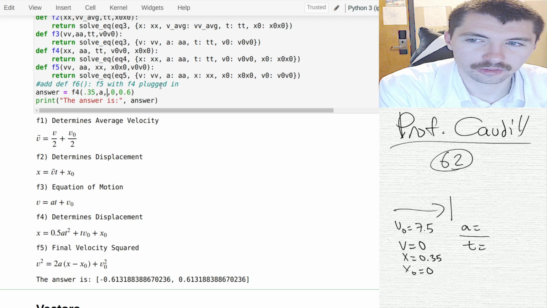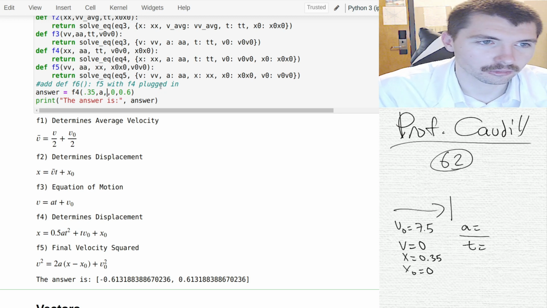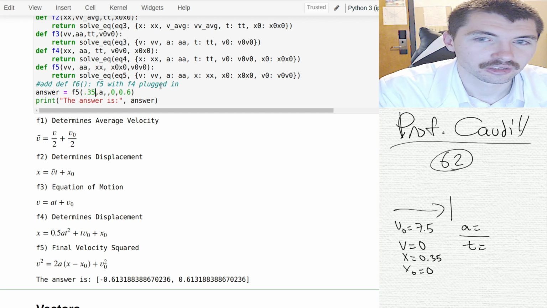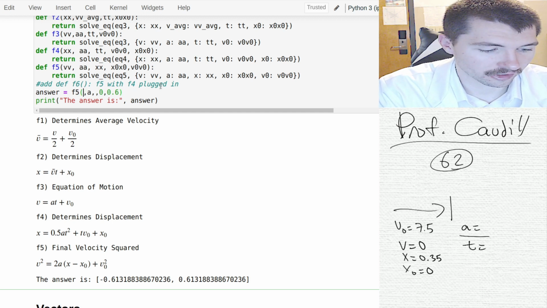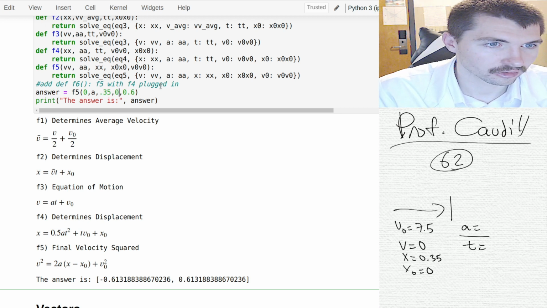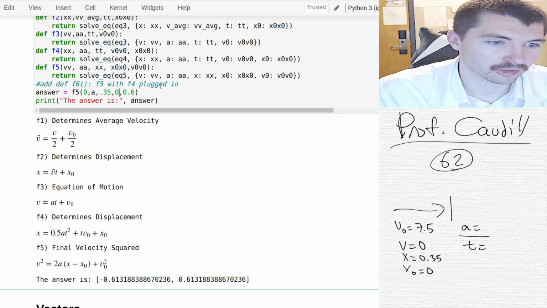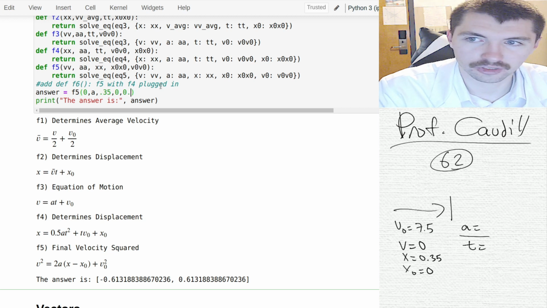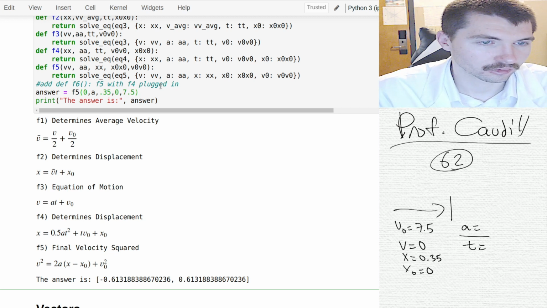We don't have time, so we can't use this. My bad, we're actually going to do equation 5. So we're going to do 0 for the final velocity. X is 0.35. X naught is 0. V naught is 7.5.